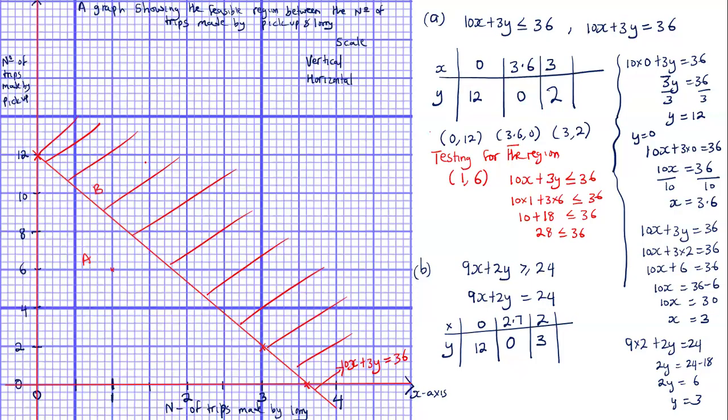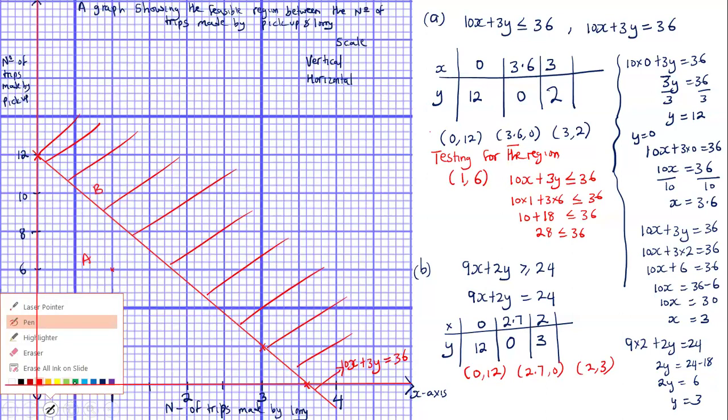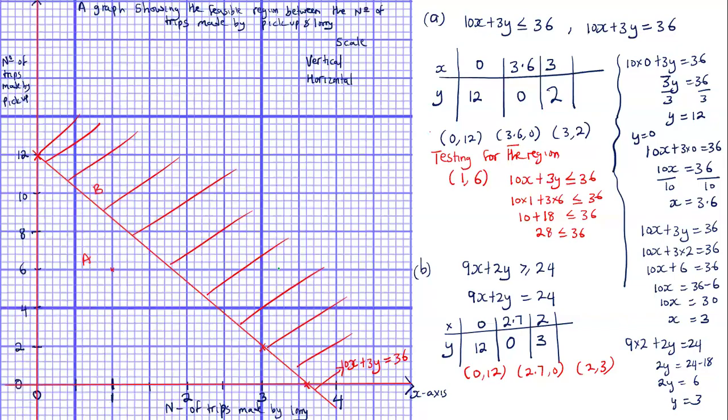Now, after drawing that, I go to the next one. Here, our points we are going to plot: we have 0 and 12, I have 2.7 and 0, and then I have 2 and 3. Allow me, I'm using different colors so that I can distinguish the lines. So 0 and 12 is still here.